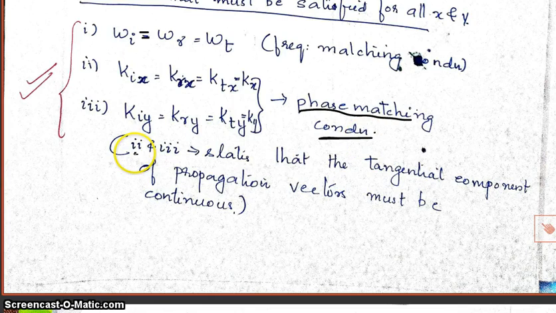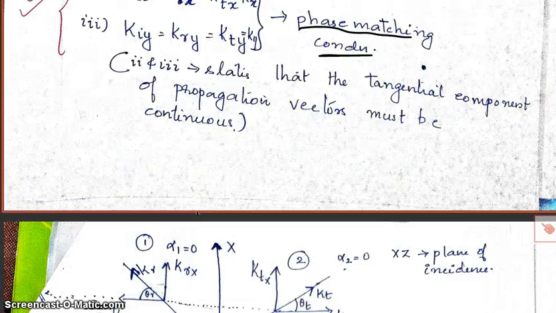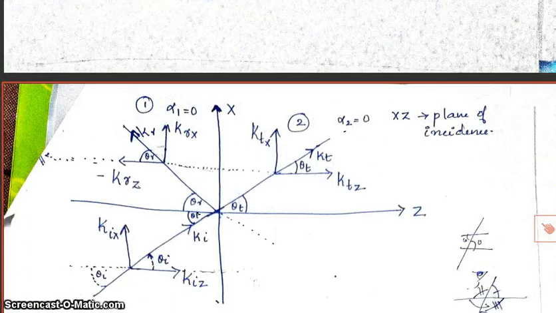Also you can see the second and third conditions state that the tangential components of the propagation vector are continuous. So these are the three conditions that have to be satisfied for all x and y components of your EM wave when it is falling under oblique incidence.